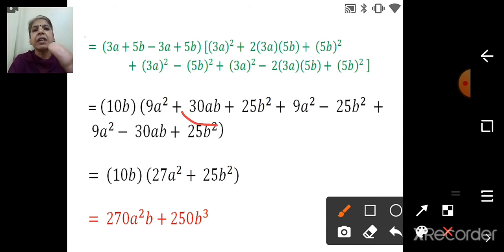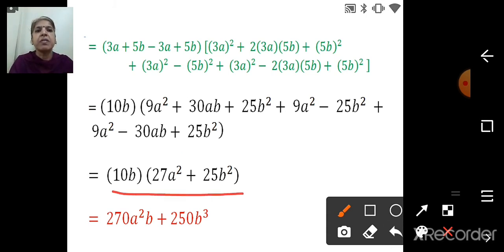And the next like term with that is minus 30ab. So plus 30ab minus 30ab has become 0. And next 25b square minus 25b square also 0. So what is remaining? This 25b square plus 25b square.